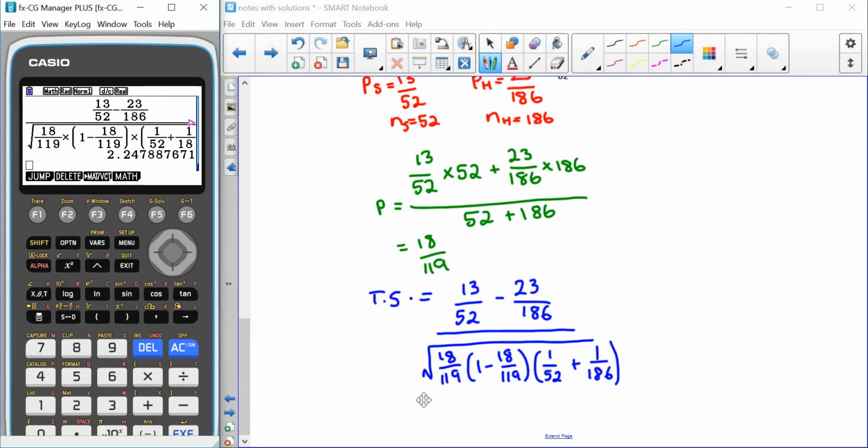So our test statistic is coming out as 2.53 to 3 significant figures.